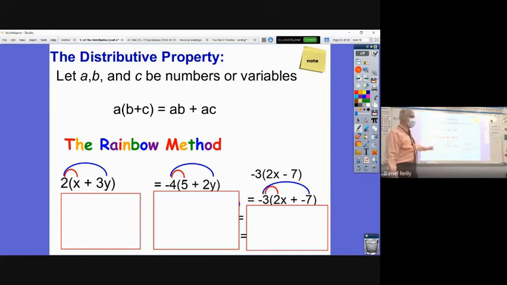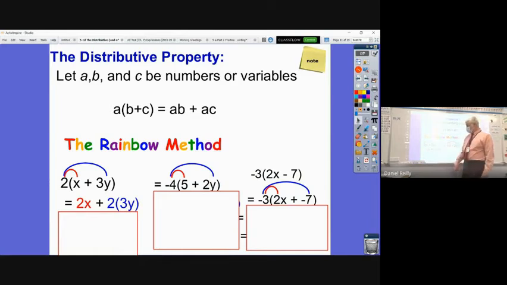And write these little curvy lines to help you remember to multiply everything inside the parentheses by the number in the front. Okay, and when we multiply a variable term like this, right, 3y's, you just multiply the coefficient, multiply the number in front. So 2 times x gives me 2 x's, and 2 times 3y gives me 6 y's.